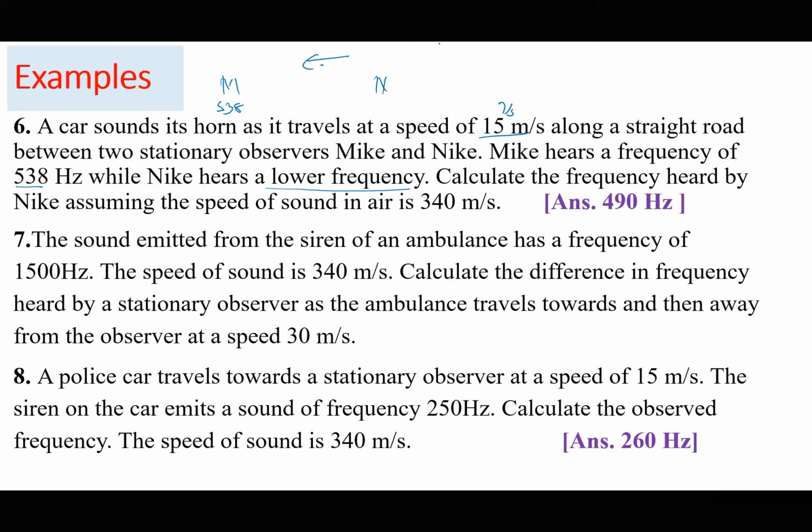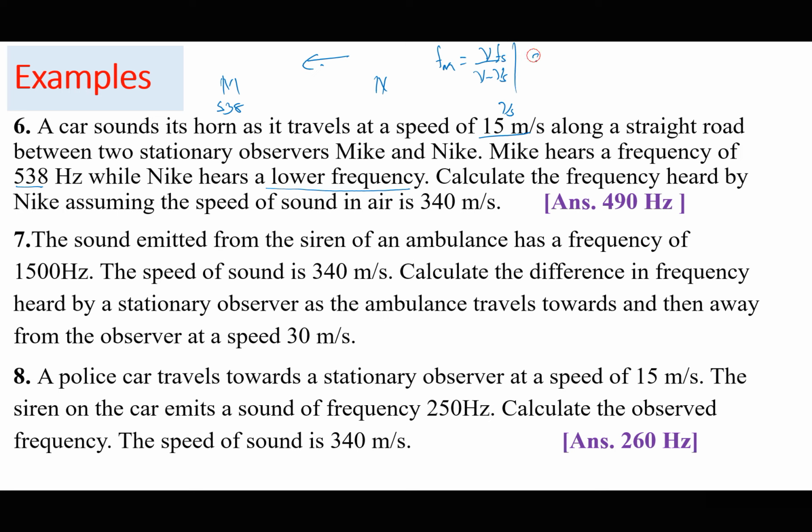So this is very simple. Let's first of all find, we know that the observed frequency for Mike is going to be equal to V divided by V, because it's towards, it's going to be minus Vs, times the frequency of the source.